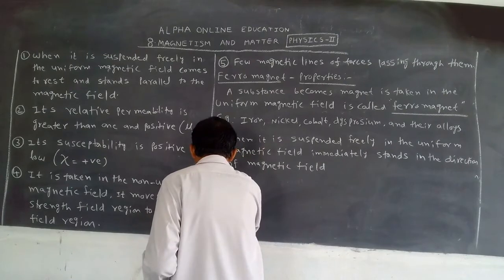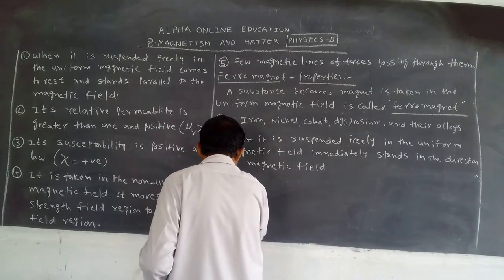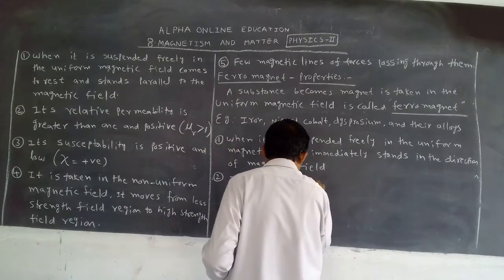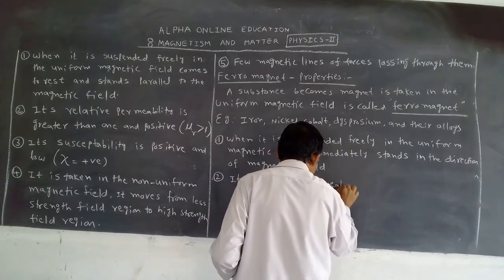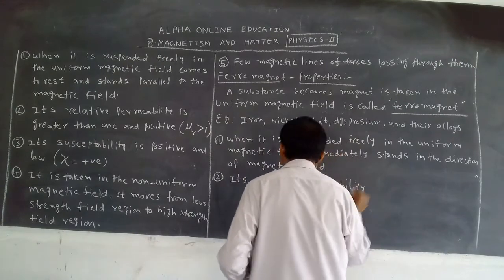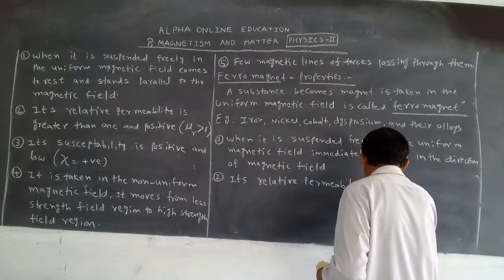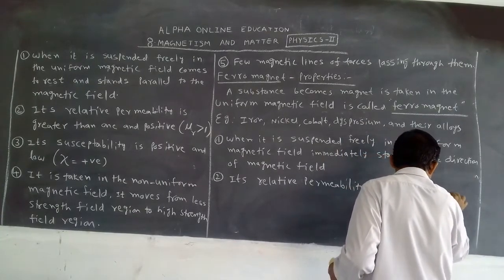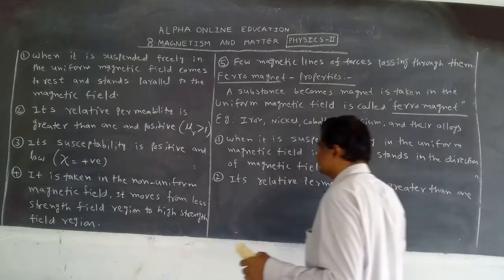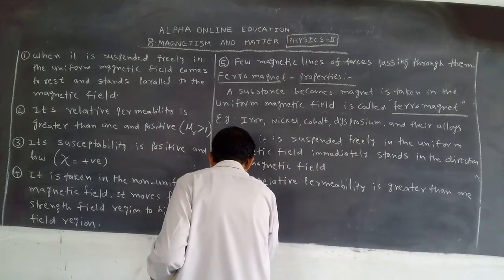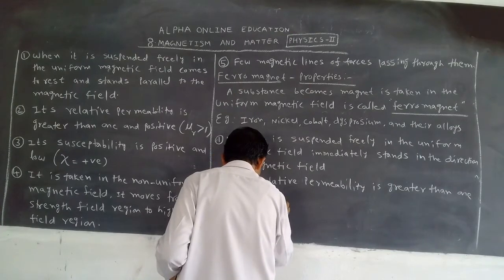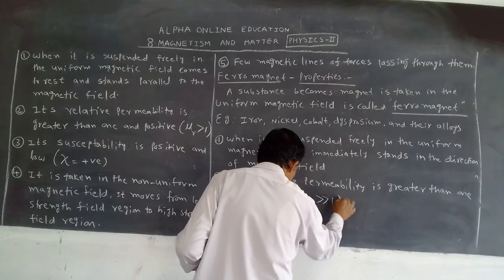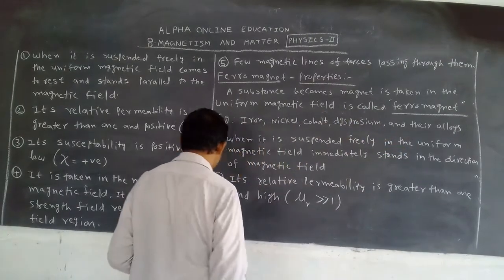Next, second one, its relative permeability is greater than 1 and high. Like this, greater than 1 and high.